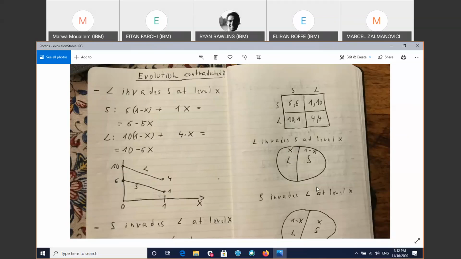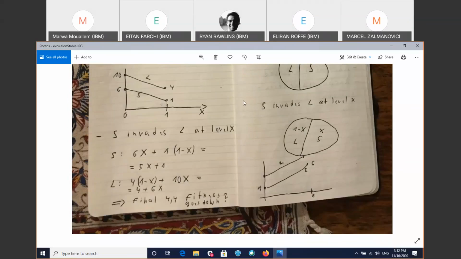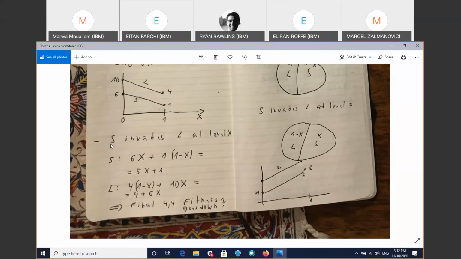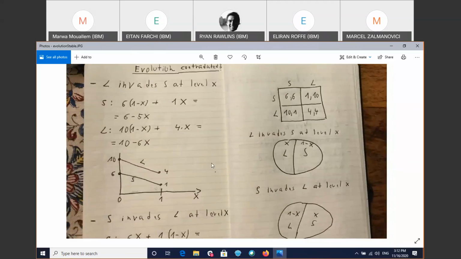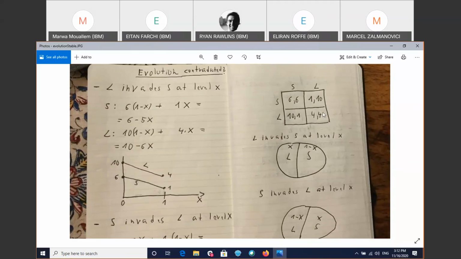As an exercise, you can try to see what happens if S invades L. You would see a similar result. So the end result here is that eventually the world is going to be 4-4.